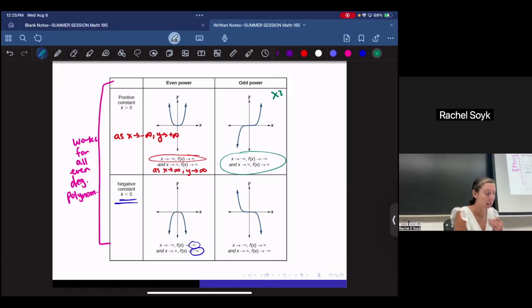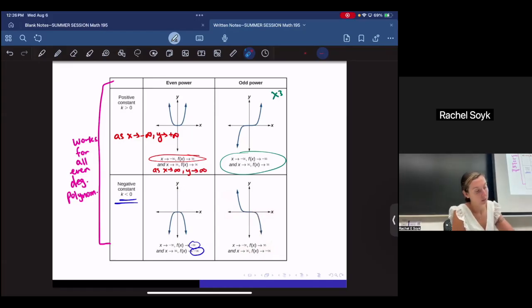This is when our k, once again, is positive. That leading coefficient's positive. Now, if it's negative, then it's just flipped. You're reflecting your entire function across your x-axis. So now you're looking at this cool-looking function, where as x is going to negative infinity, our y shoots to positive infinity, and when x goes to positive infinity, our y shoots to negative infinity.